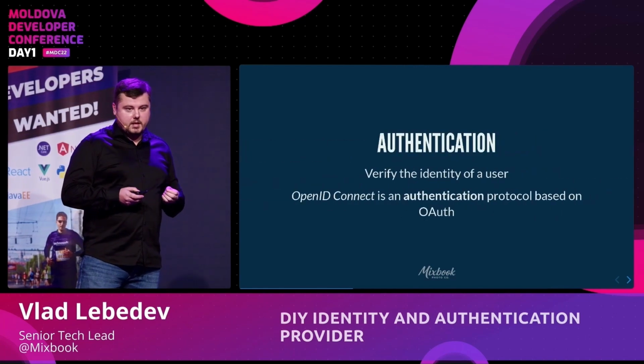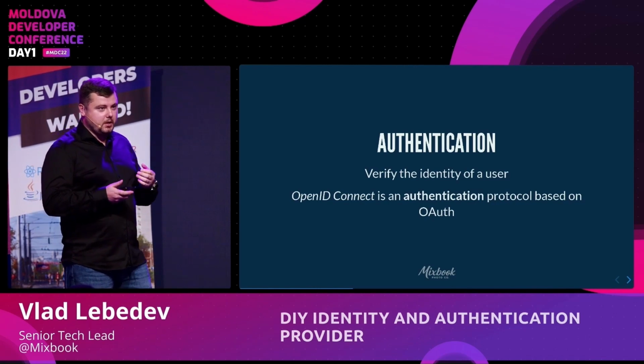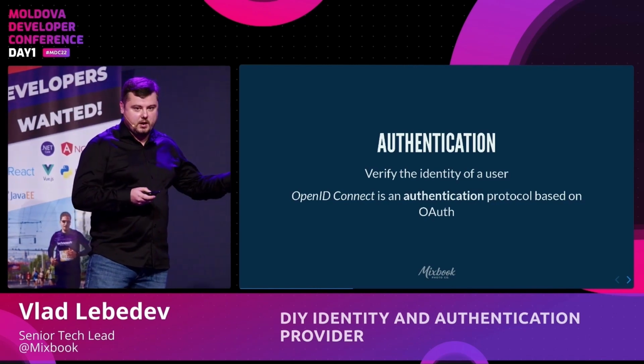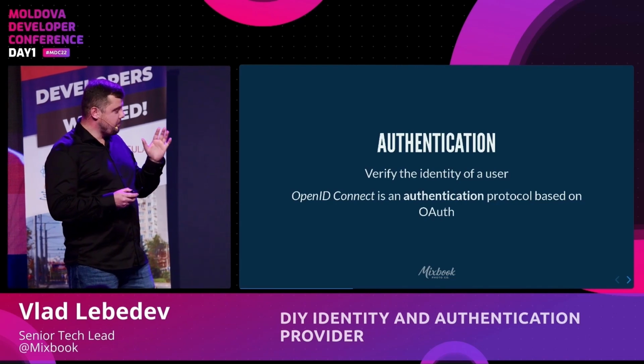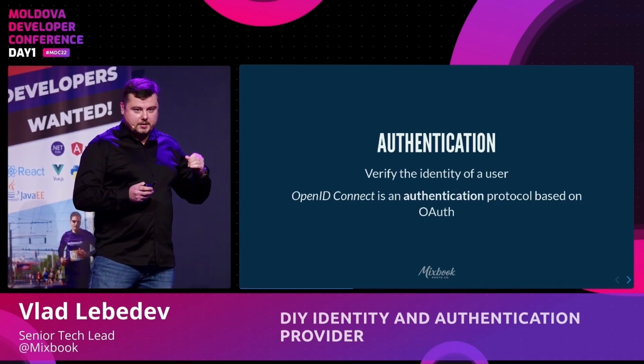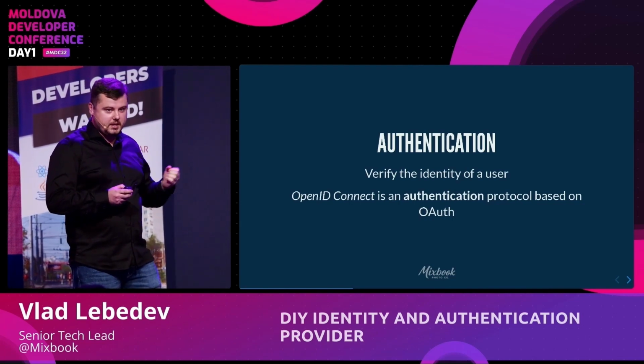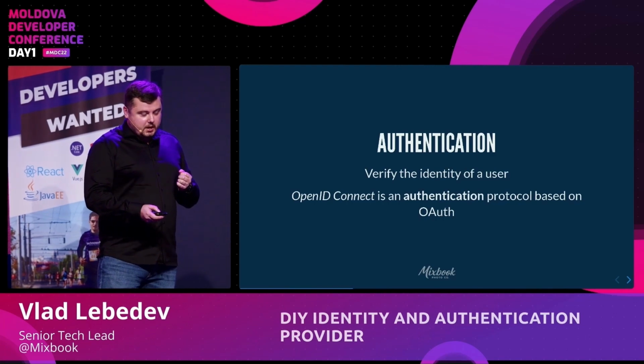Whereas authentication is about the identity of the user, proving or disproving that the user is who they claim they are. So this is a very important distinction, and when you hear OAuth, it's actually about authorization, and OpenID Connect is about authentication or user identity.